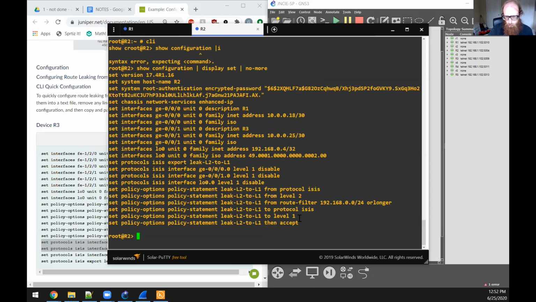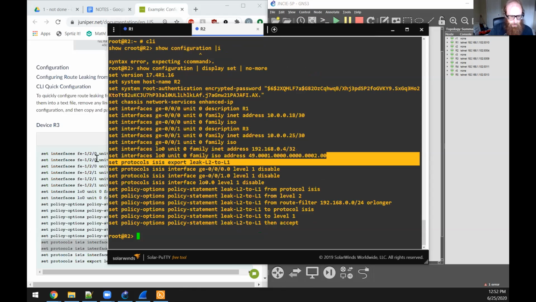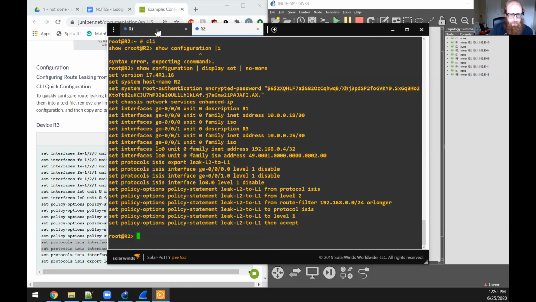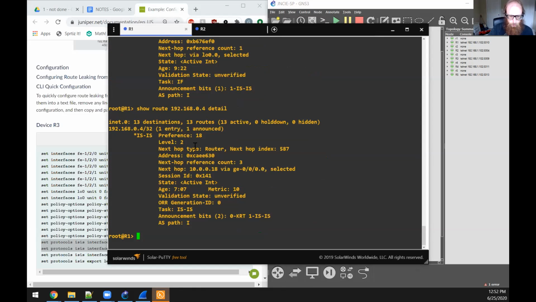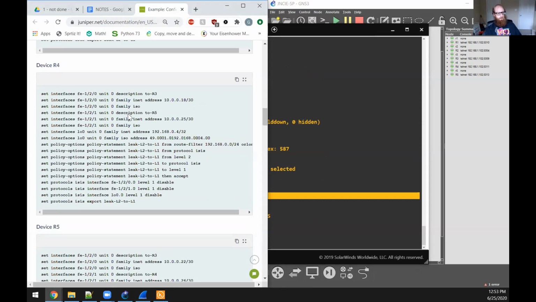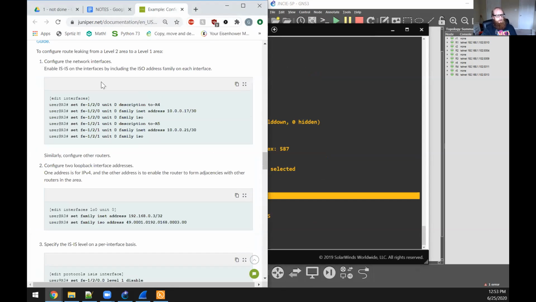Yeah, so it is configured, it's applied, so I don't understand why this is showing up as a level 2 route. So I really don't get it. I'm going to read this step by step maybe.